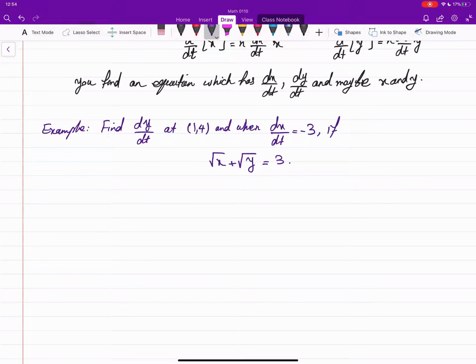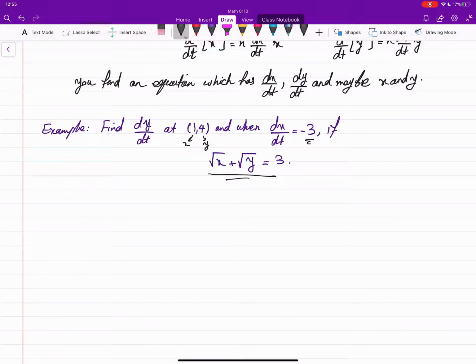Well, let's see. So here I have an equation for x and y. Then we are given points here. So x is 1, y is 4, and at that point dx dt is -3. So we have x, y, dx dt. If we have a relation for the rates of change, I can plug in these three values and find dy dt.